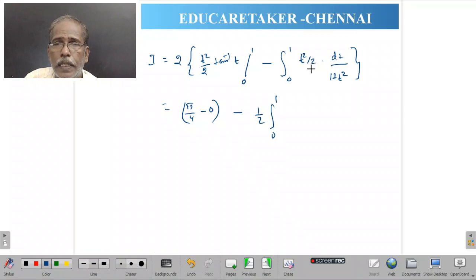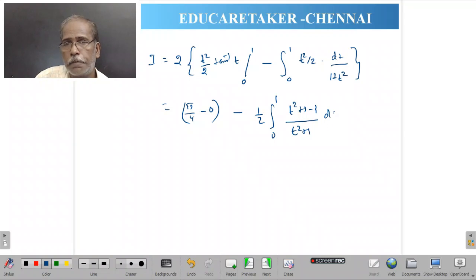The numerator degree of t is 2, the denominator degree of t is 2, equal degree. So adjustment is required: t square plus 1 minus 1 by t square plus 1 dt.